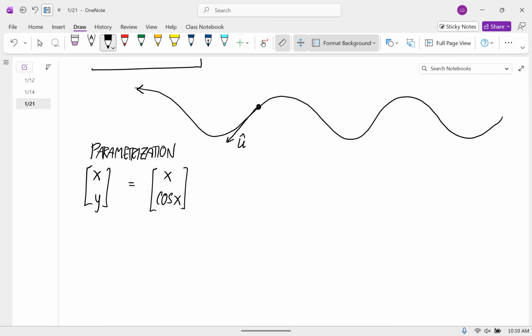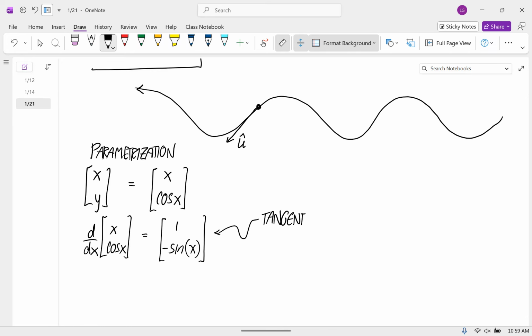So we're just going to go d/dx of (x, cosine x), and that gives us (1, negative sine x). Okay. This is tangent to the path at every x value.